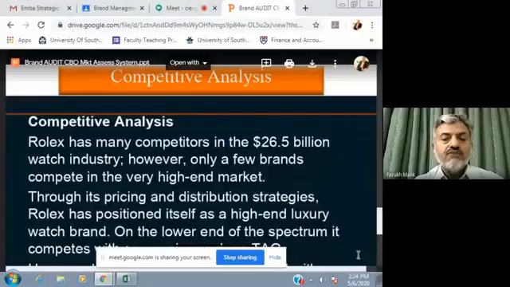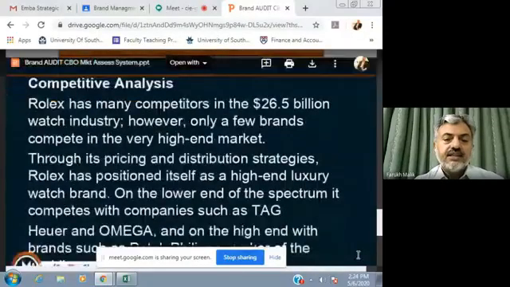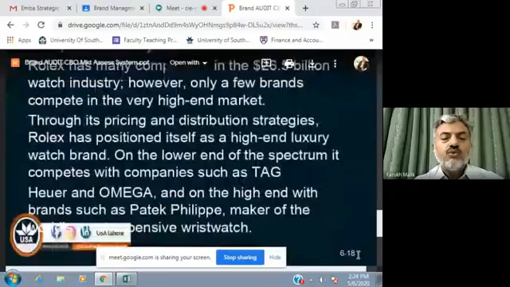However, only a few brands compete in the very high-end market, because Rolex is not going to compete with very simple watches. It only competes with brands that have comparable brand strength and stature.